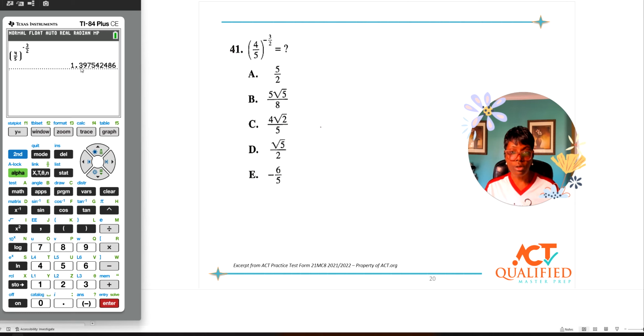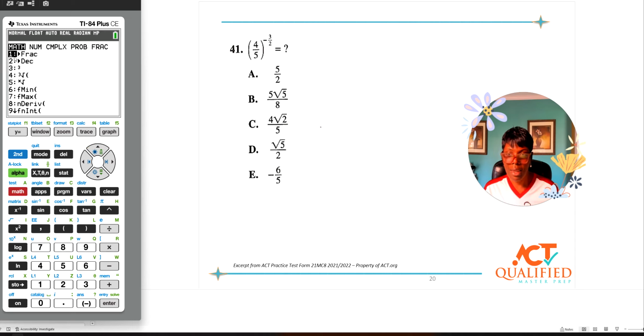Note that we have a decimal value, and our answer choices are in fact in fraction form. So the one thing you want to do is recall this answer by pressing the up arrow key and then selecting enter. Now select math, and then select number 1 to convert this number to a fraction.